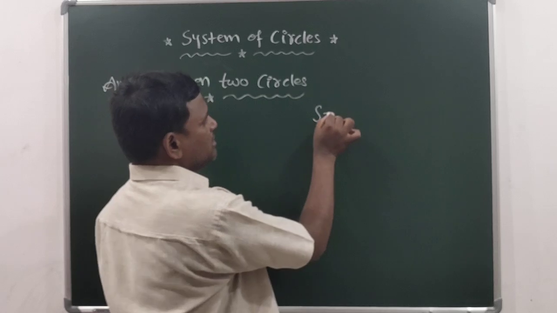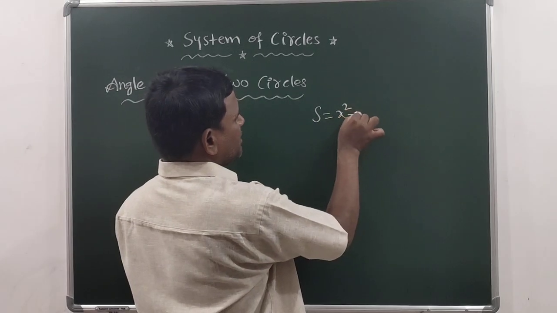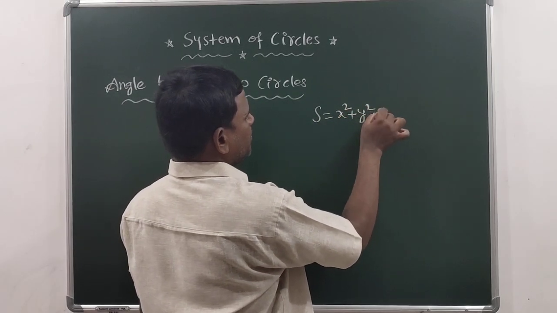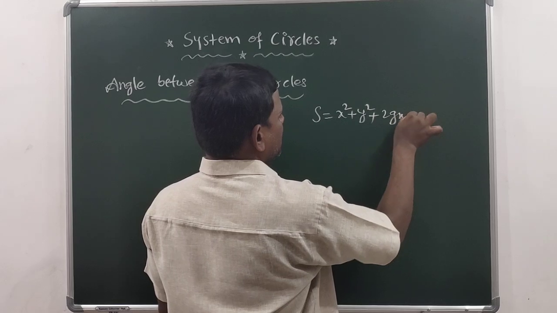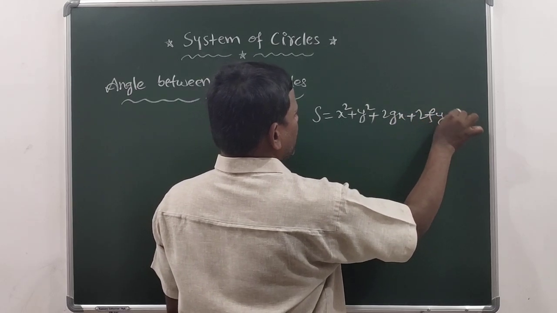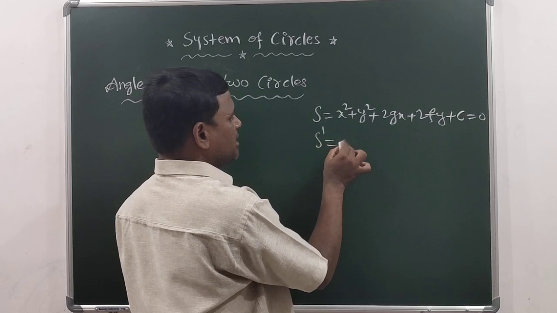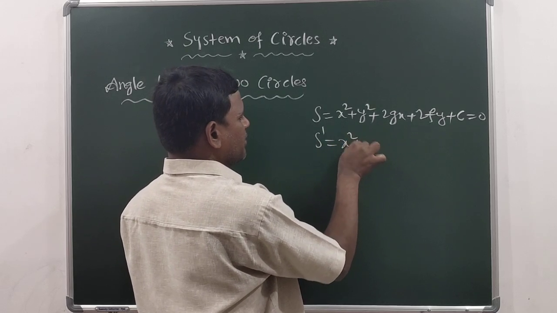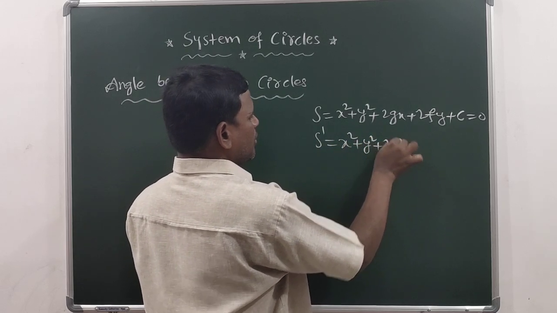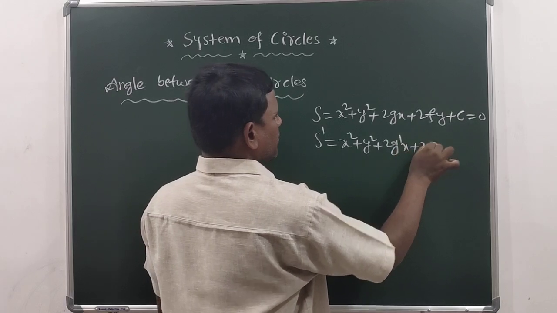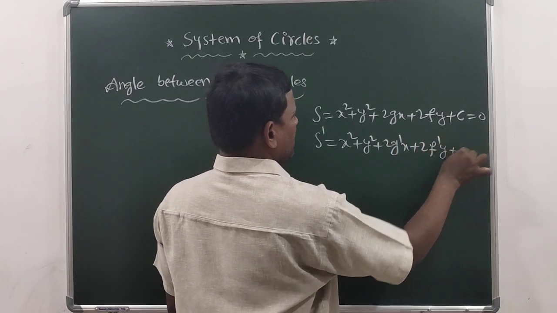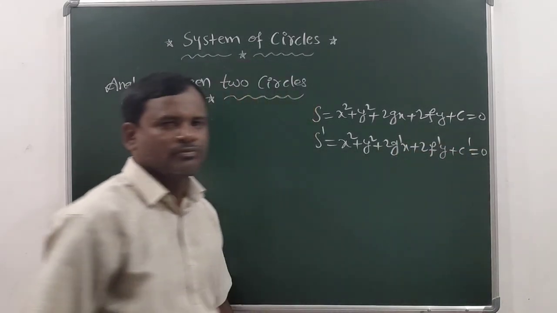The first one is S equals x square plus y square plus 2gx plus 2fy plus c equal to 0, and the second one is S dash, which is equal to x square plus y square plus 2g dash x plus 2f dash y plus c dash equal to 0.